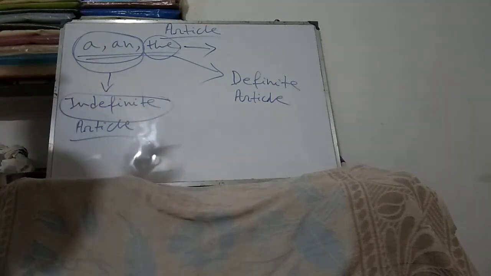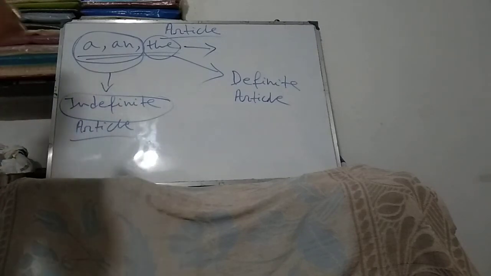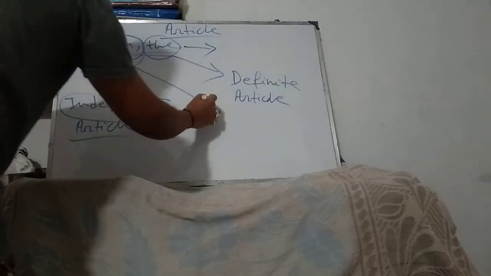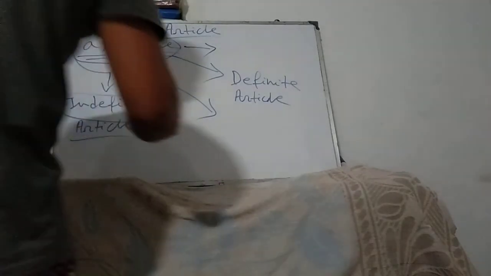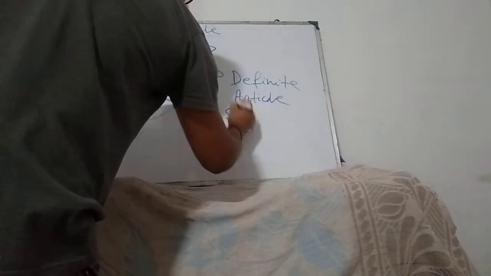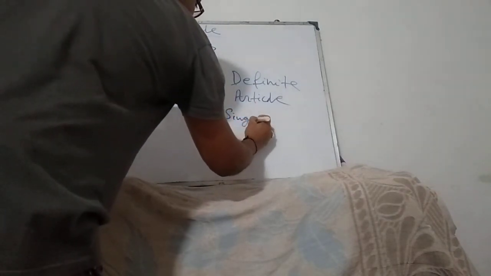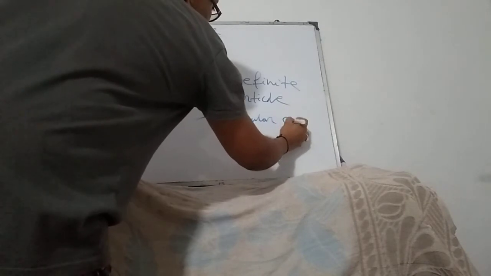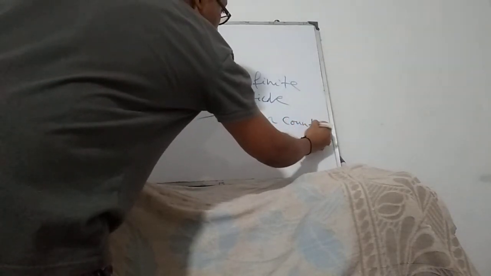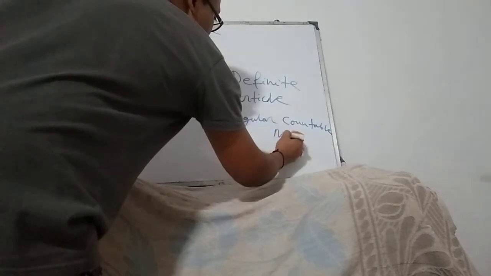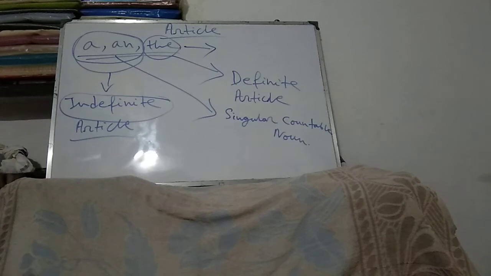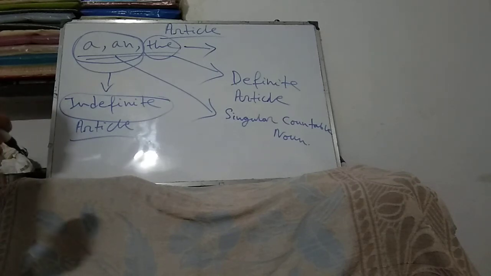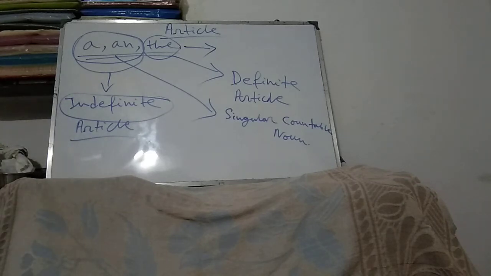And we should also know that generally a or an is used before a singular countable noun.